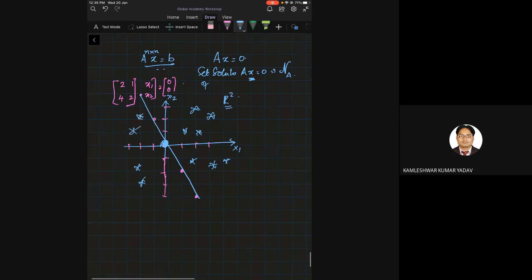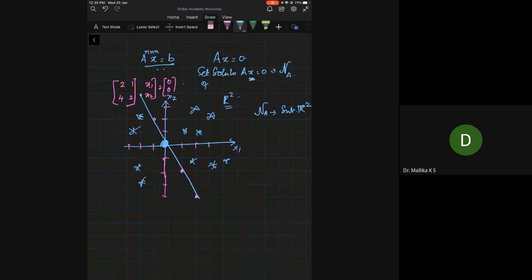See, null space is a subspace in R2. If you leave out the points in null space of A and look at all the other points, it wouldn't form a subspace. Can you tell me why? 0, 0 is not there. That's brilliant, because it's the complement of the null space, 0, 0 is not there, so it wouldn't form a subspace.